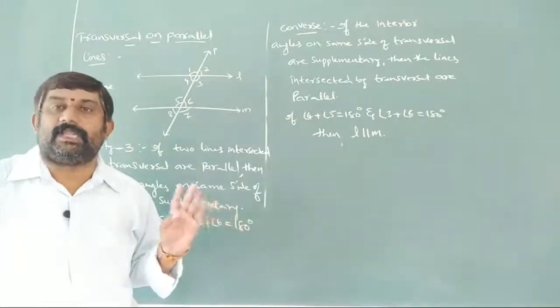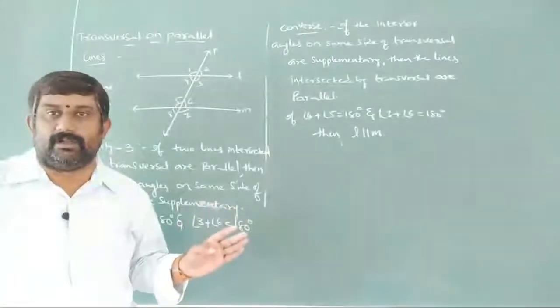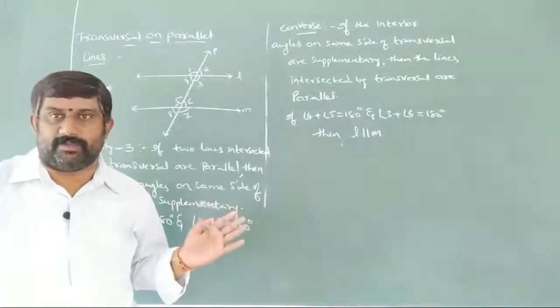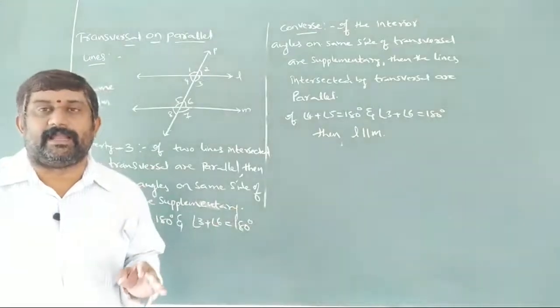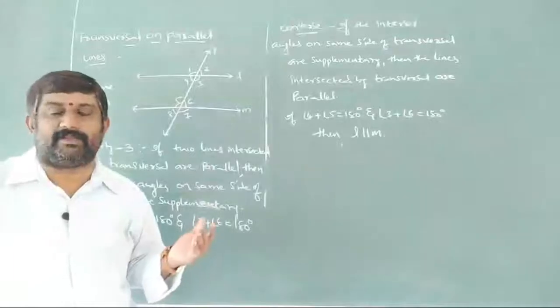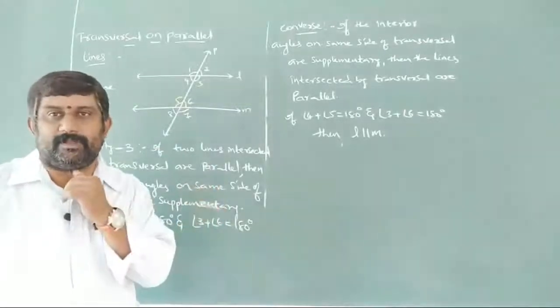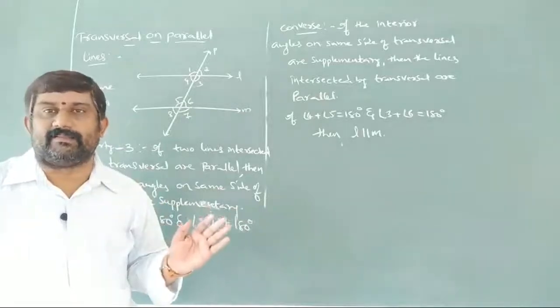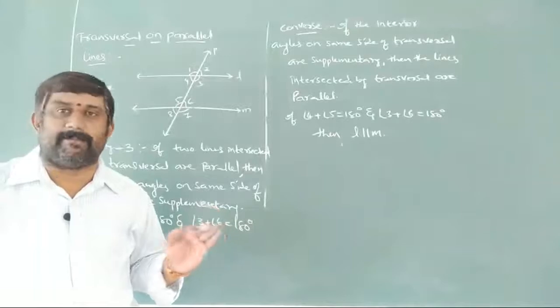Second one is, if the lines are parallel, then alternate interior angles are equal and even exterior also equal. What is the converse? If the alternate interior angles are equal, then the lines intersected by a transversal are parallel.